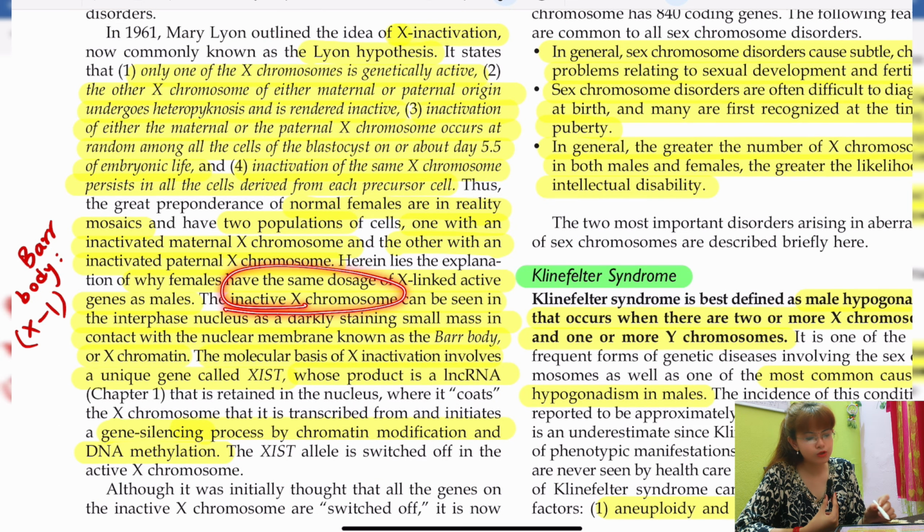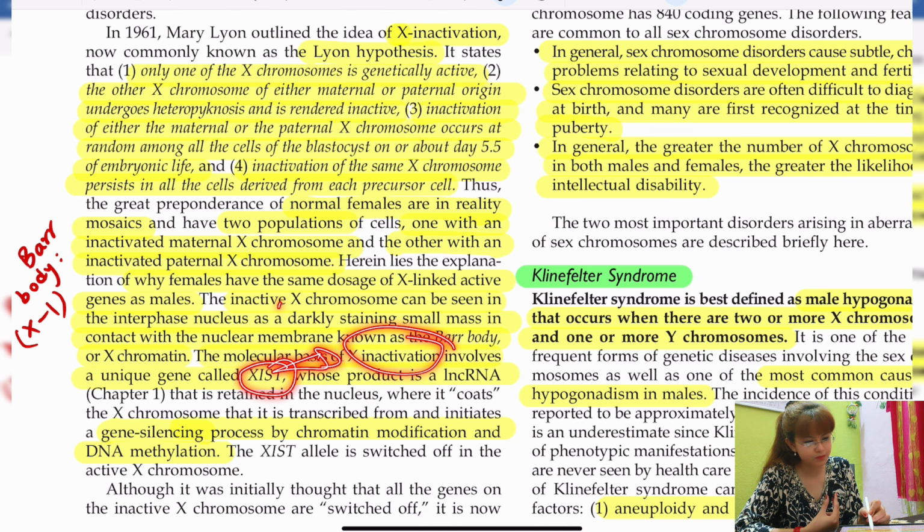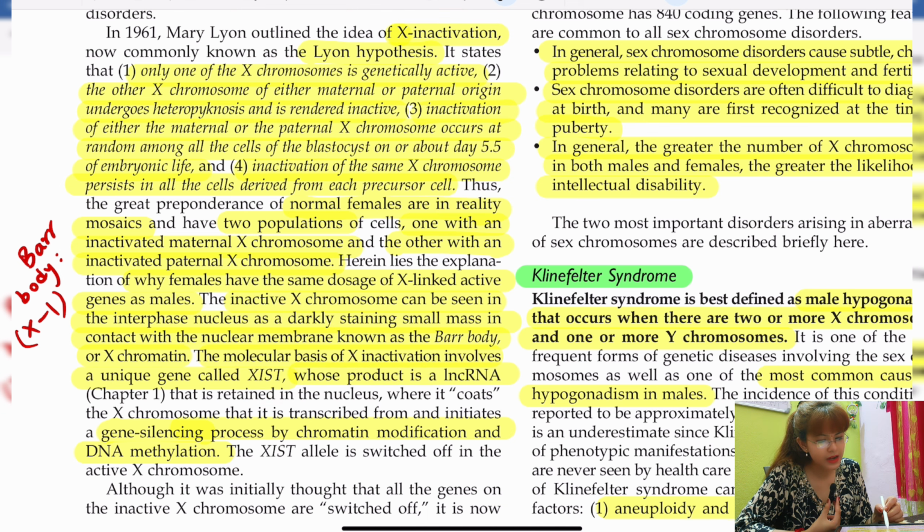This inactive X chromosome can be seen in the interphase nucleus as a darkly stained small mass, which is known as the Barr body. The molecular basis of X inactivation involves a unique gene called the XIST gene. Very important. XIST gene is the X inactive specific transcript, whose product is a long non-coding RNA. Again, the same concept of gene silencing.